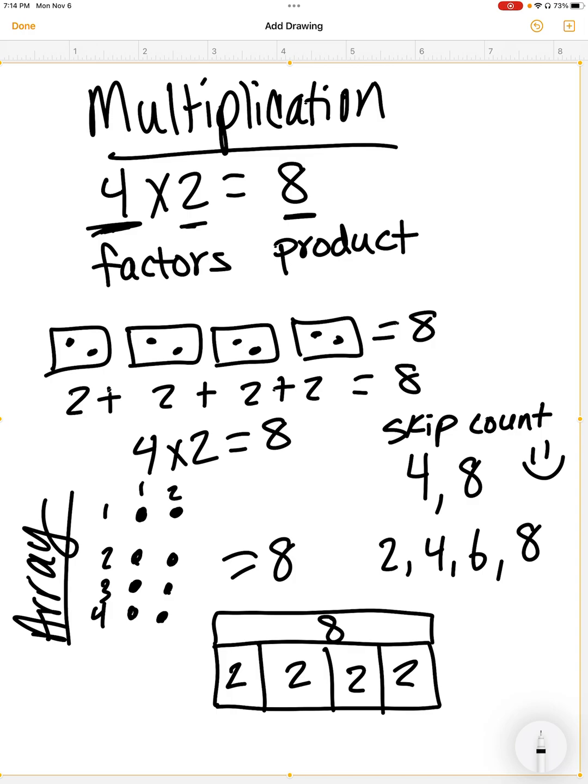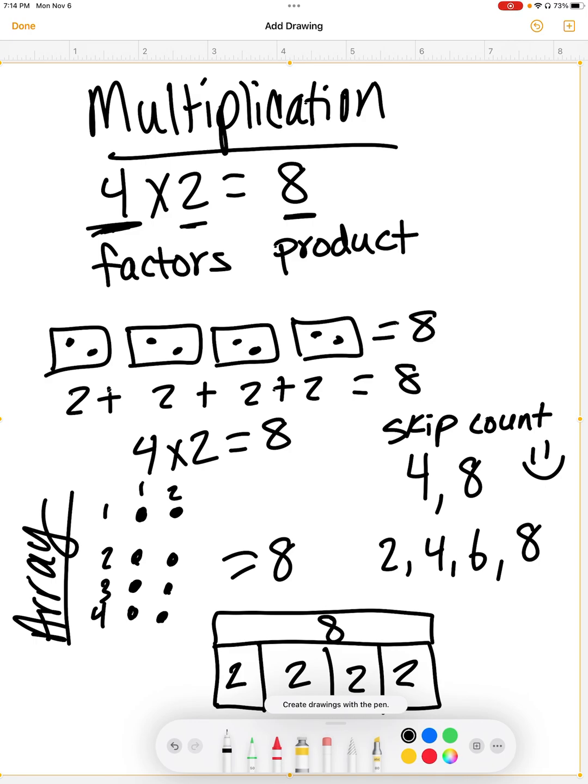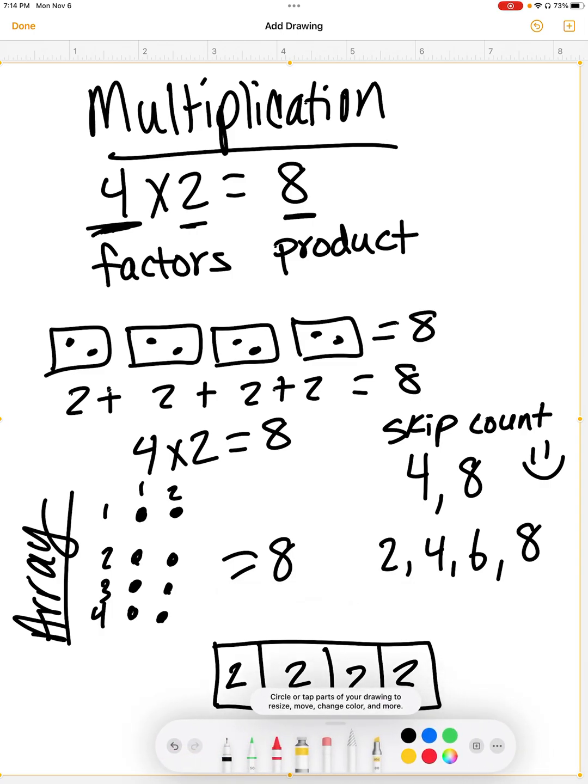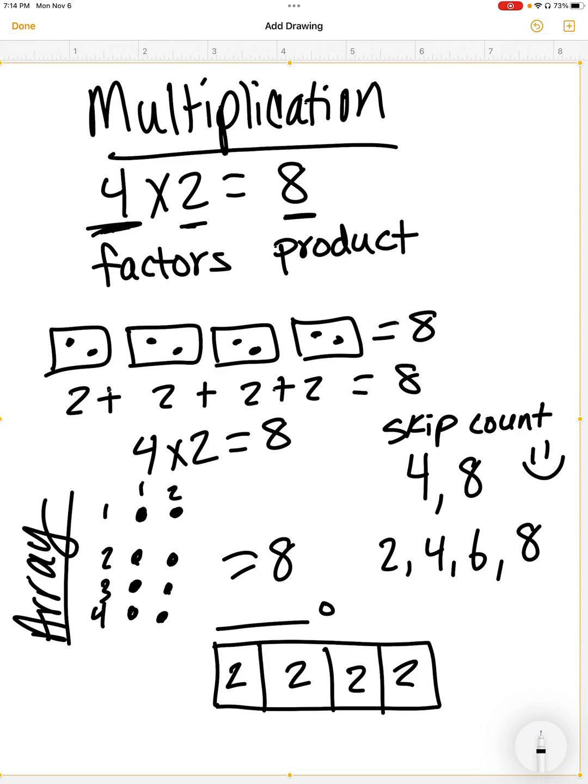Sometimes it is written like, let's see if I can erase here without erasing everything. There we go. Sometimes it is written like this. That's an 8.